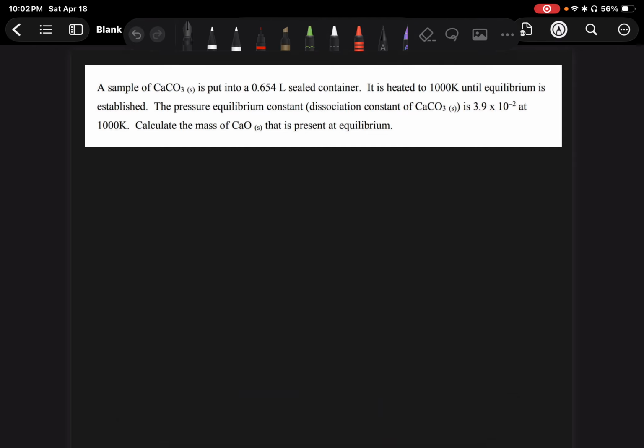A sample of CaCO3 is placed in a 0.654 liter container, and the pressure equilibrium dissociation constant of CaCO3 is 3.9. Okay, so it's dissociation.